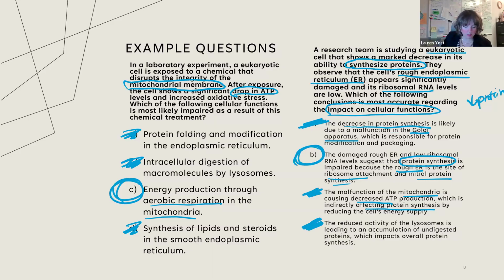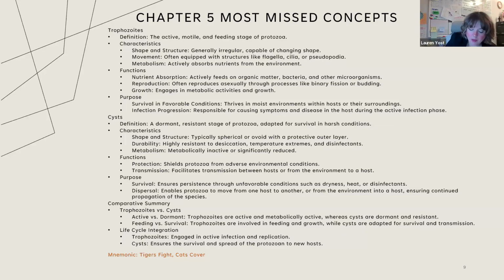All right, our next concept, trophozoites and cysts, of course. In chapter 5, trophozoites are the active, free-living, replicating, multiplying equivalent to vegetative.